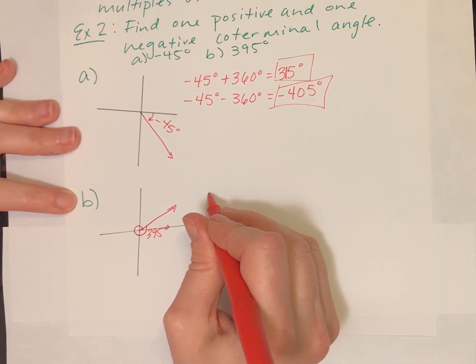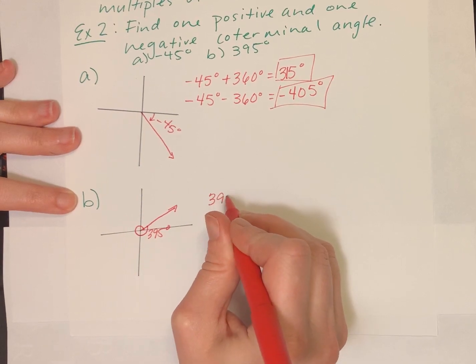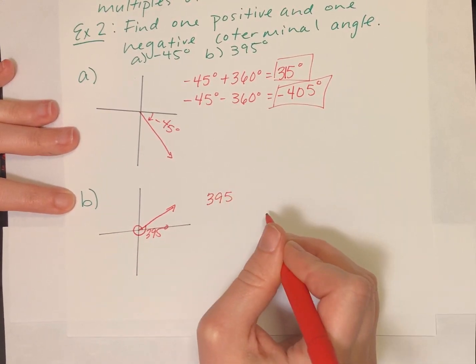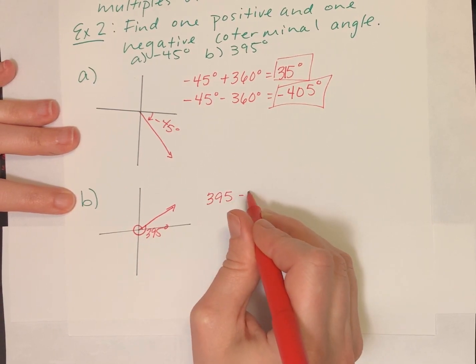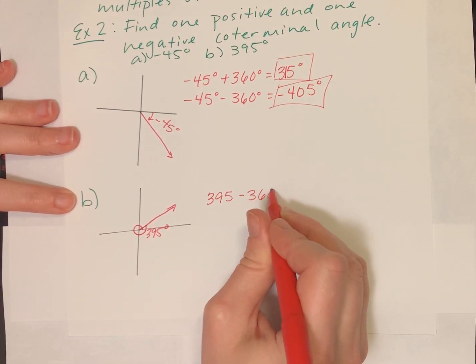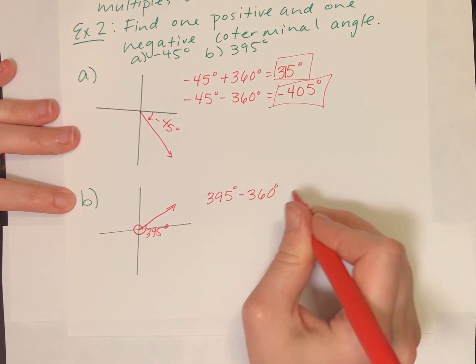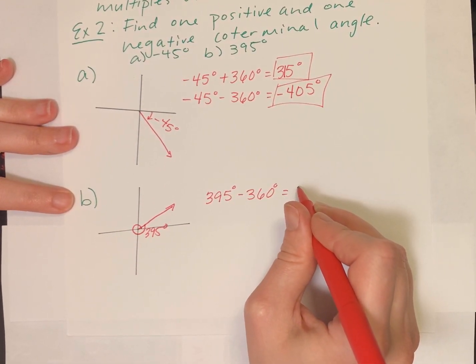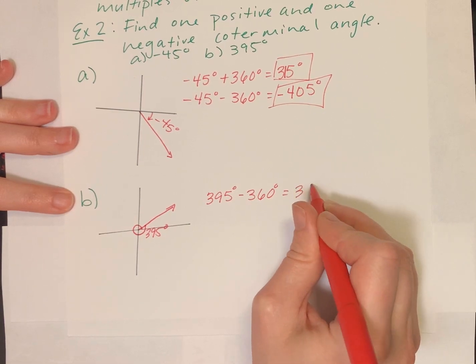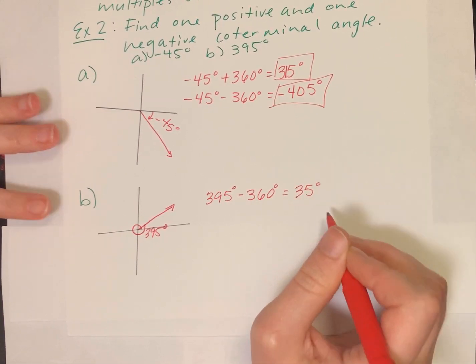This time, we're not going to add 360 to 395. If we subtract 360, we'll still have a positive number. So this one is equal to 35. That's why I made that mistake earlier, sorry.